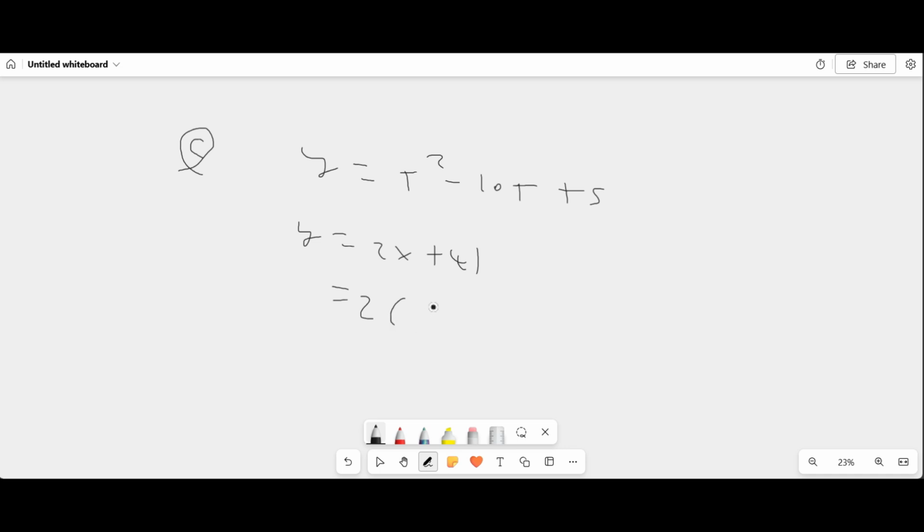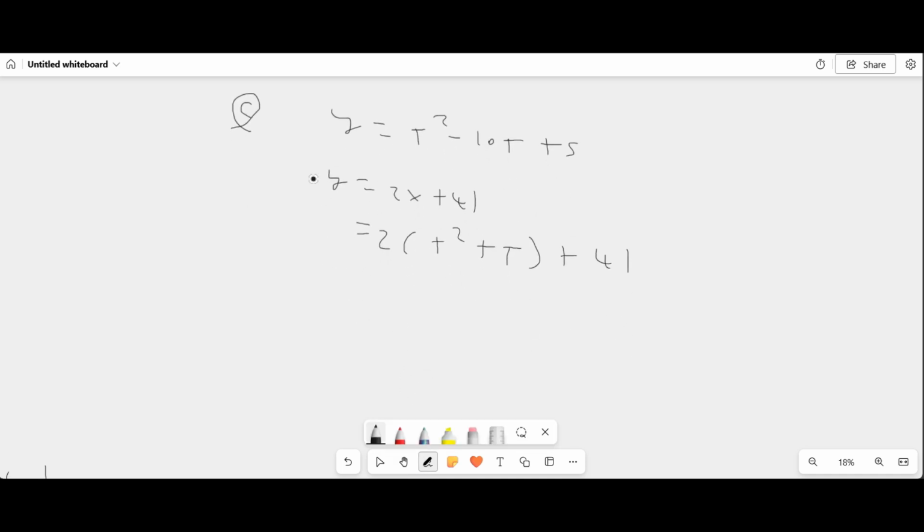So x is actually equal to t squared plus t from earlier, plus 41. And now I can make the two y's equal to each other to see if they intersect. So t squared minus 10t plus 5 is going to be equal to 2 open bracket t squared plus t, close bracket, plus 41.